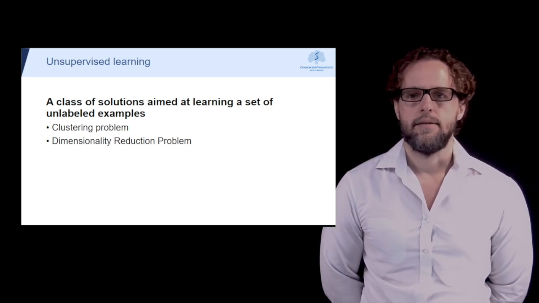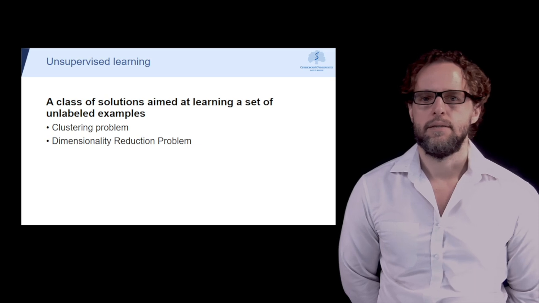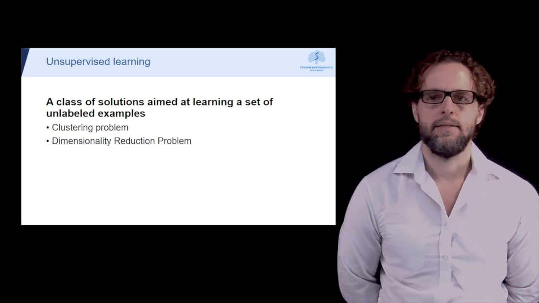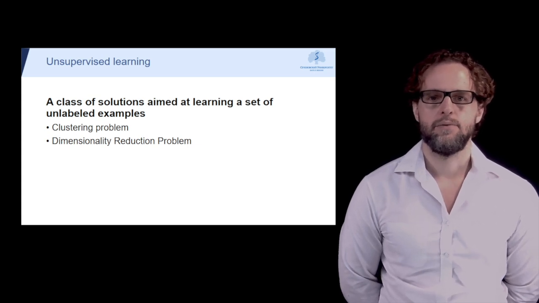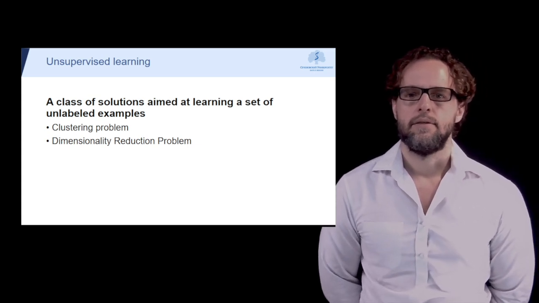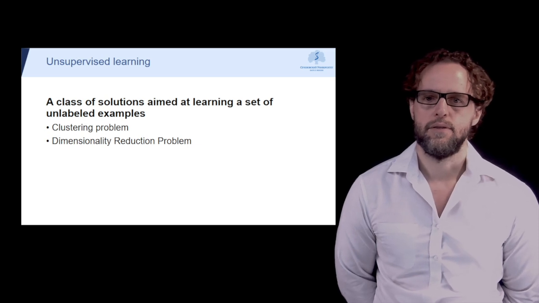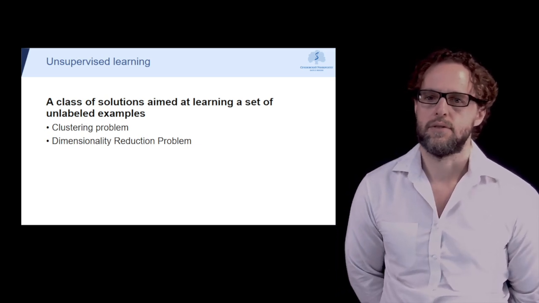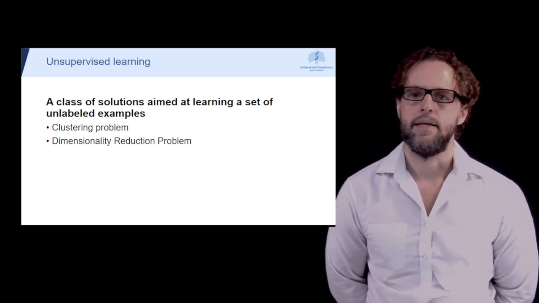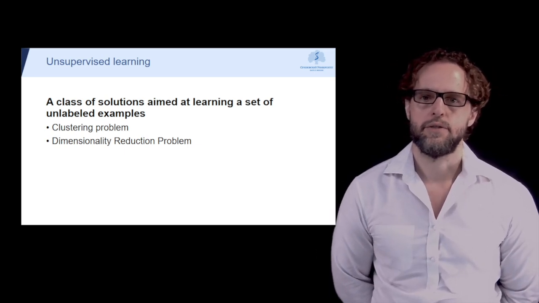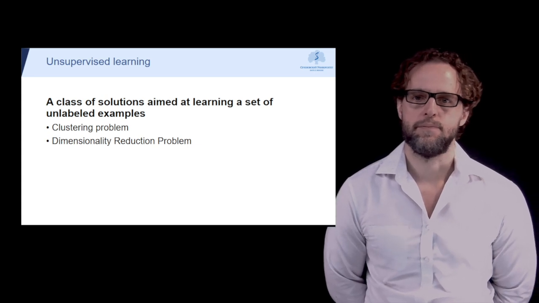In this case, a class of algorithms, so-called unsupervised learning, is used. Learning without a teacher, this class of solutions is aimed at studying a set of unlabeled examples and grouping them according to the same common features.